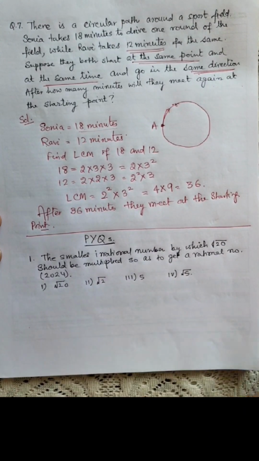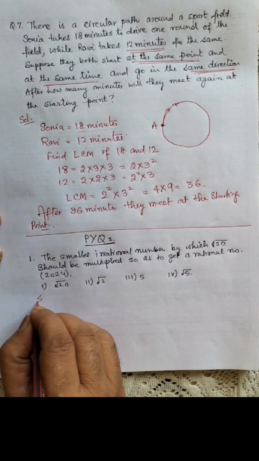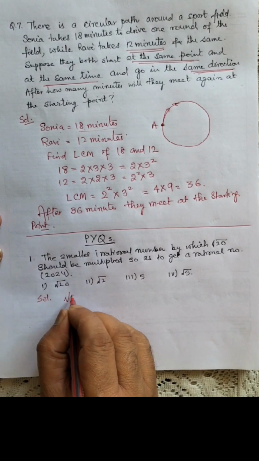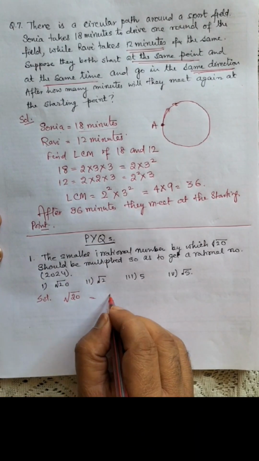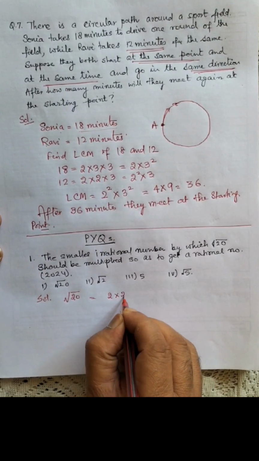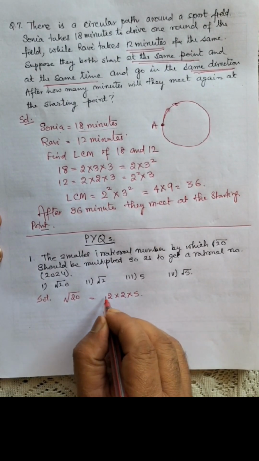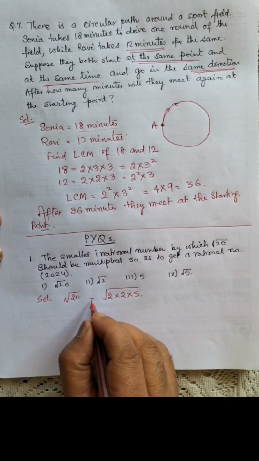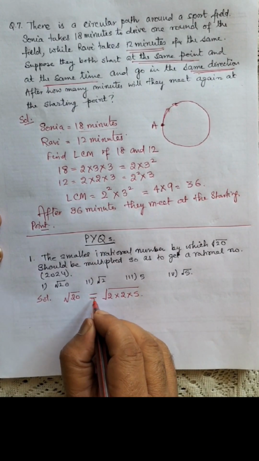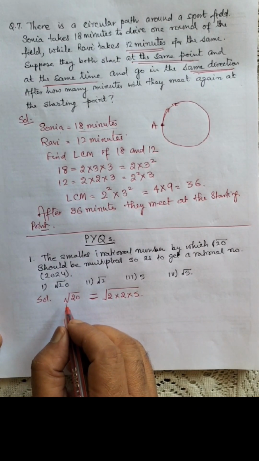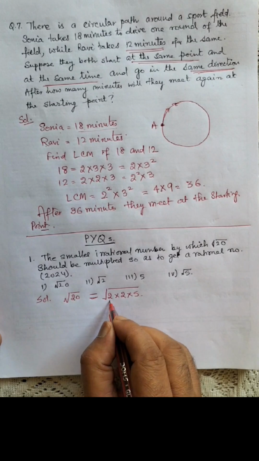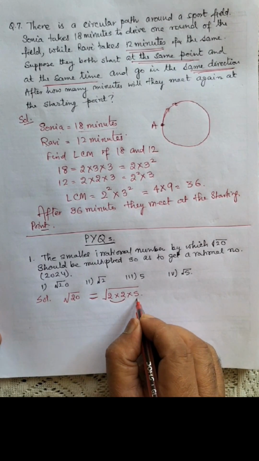Now how to do this? Solution. This is square root of 20. Let us factorize it: 2 to the 2, times 5. These are the prime factors. Whenever we talk about factorization, we mean the prime factors. For square roots, we take the group of 2's, so this one pair will come out. Here there is no pair.